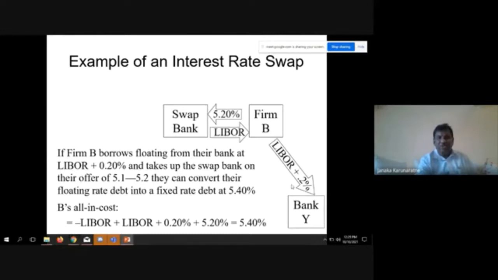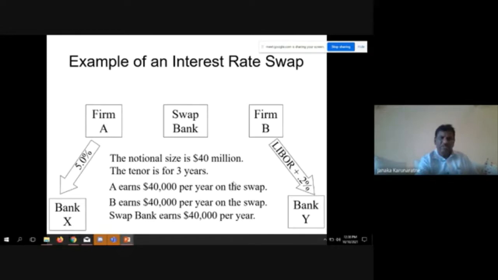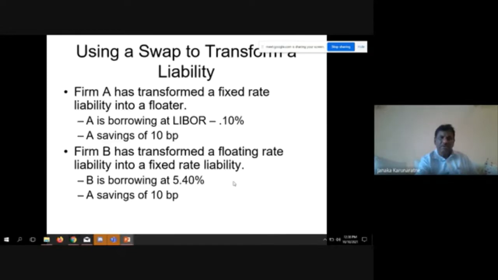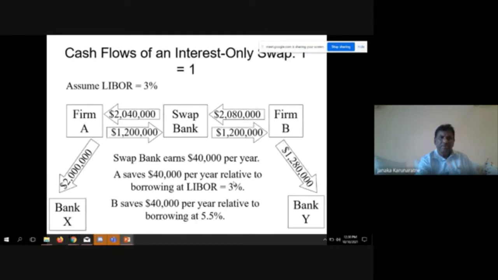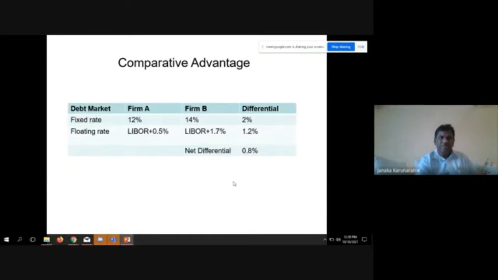If I didn't have the swap, I would have to pay 5.5. So both firms benefited and also Bank X benefited. My cost saving would be 40,000. Any questions?